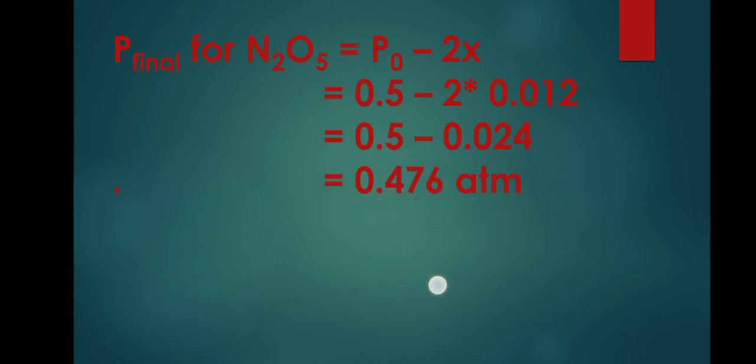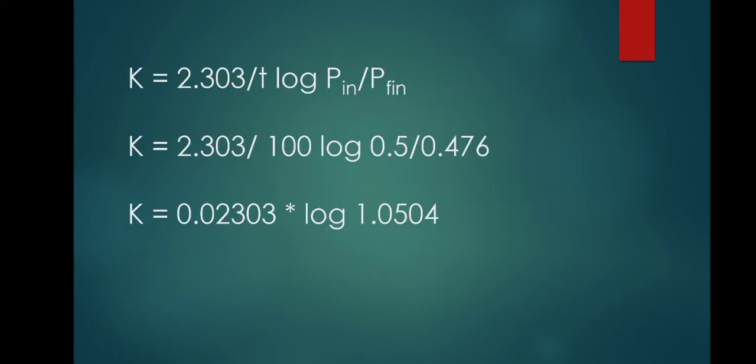Now this reaction follows first order kinetics. Therefore the formula for the rate constant K is 2.303 upon t times log of initial pressure of N2O5 upon final pressure of N2O5. Here t is 100, the initial pressure is 0.5, and the final pressure is 0.476.